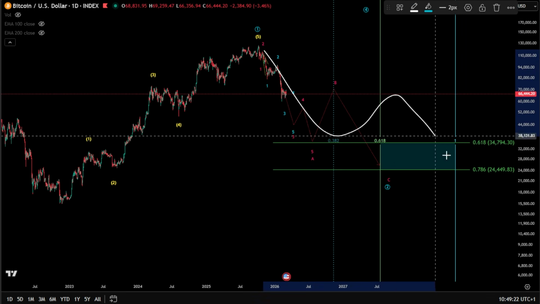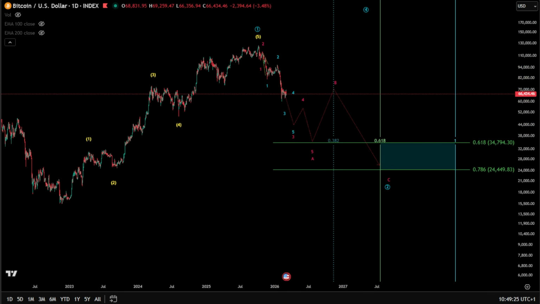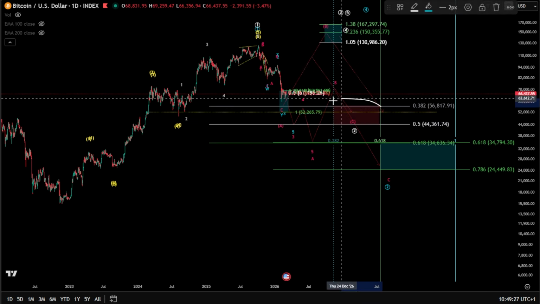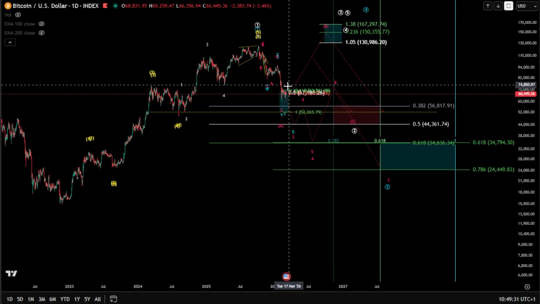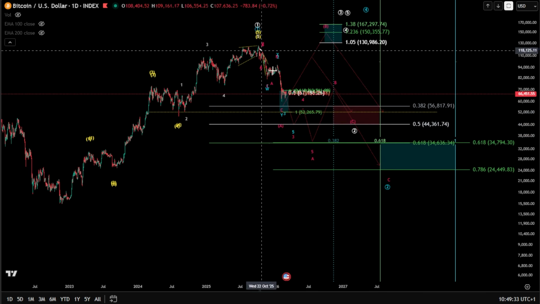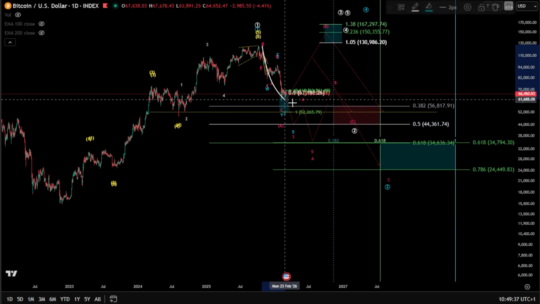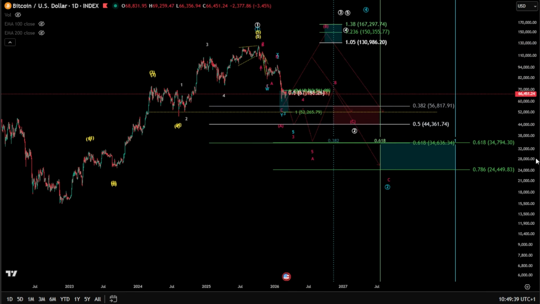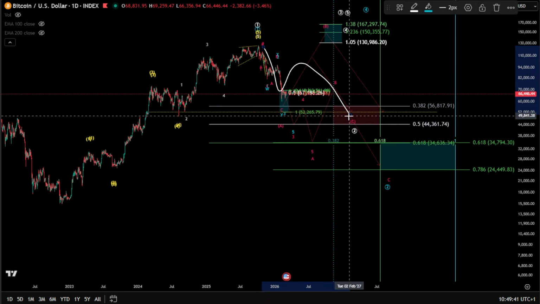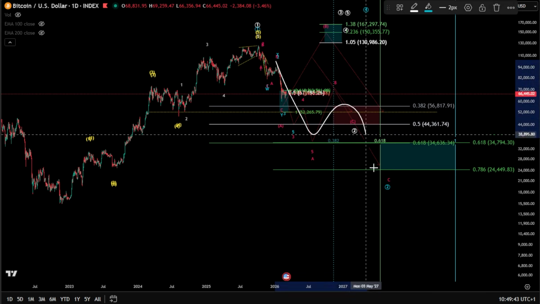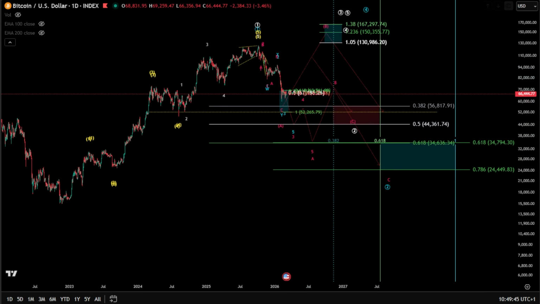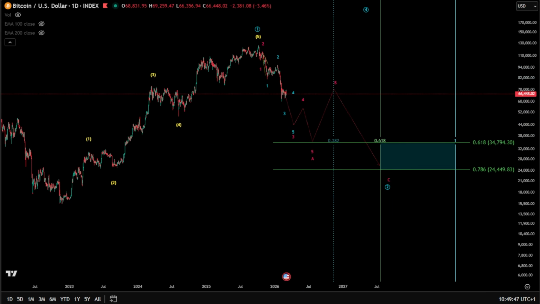It can even take longer, nobody knows. And the flat is almost the same. It can range until here, but it depends if it's going to take the expanding flat, which might range onto the perfection, or the regular flat. The regular flat can have a little bit less time than the deep correction, and then move directly toward the upside for Bitcoin.